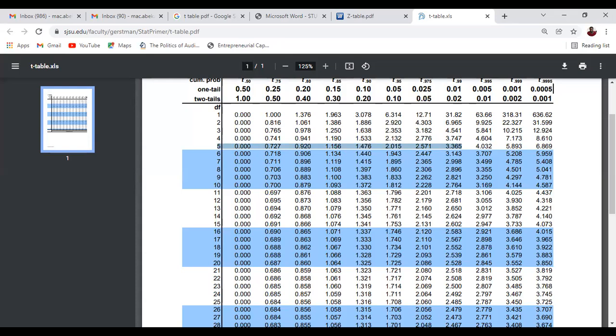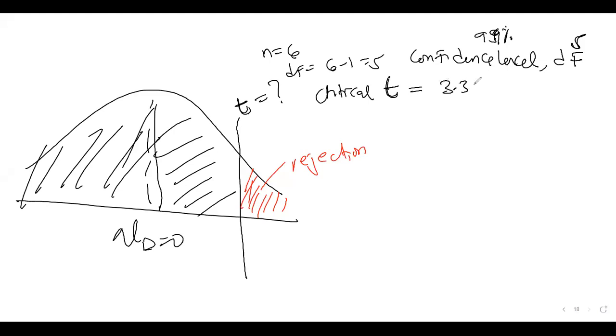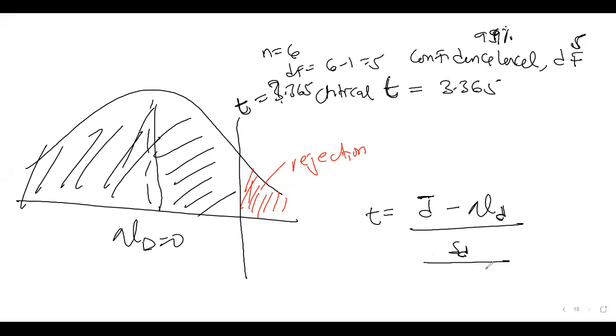That is the critical T. But we need to now get the computed T to make a decision. So computed T is, if you remember, the sample difference minus the population difference all over standard deviation over root n. So we are going to work out all these figures and then fix them here.